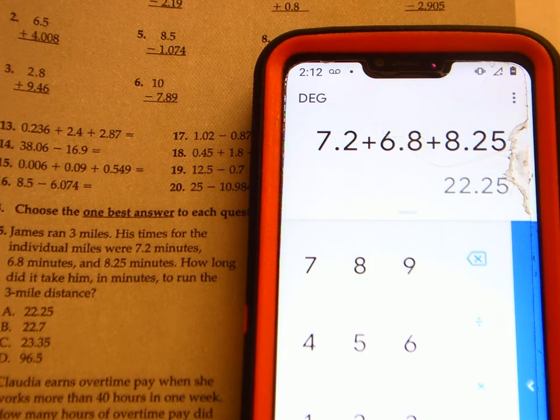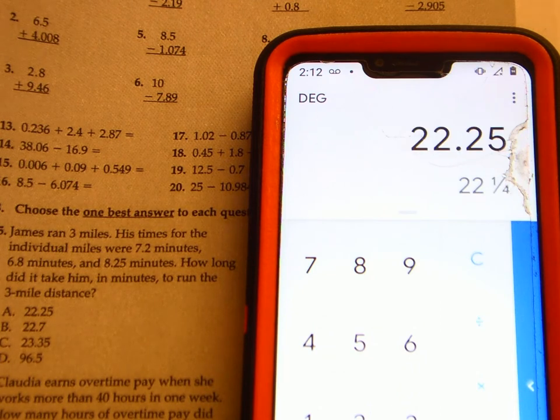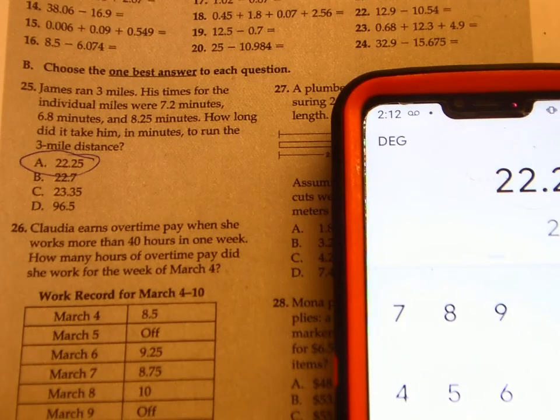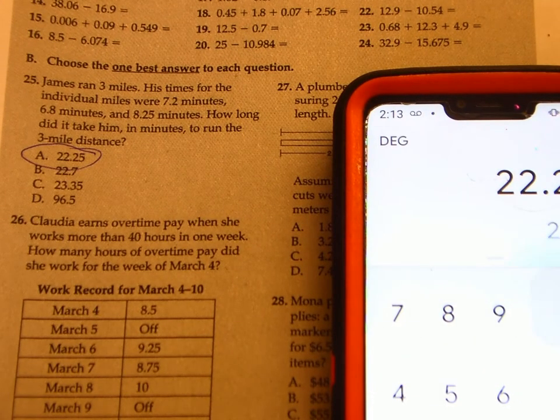Okay. 22.25. Do you see the answer there? Right there, 22.25 minutes. How about 26? Let me clear this in case I have to use it again.